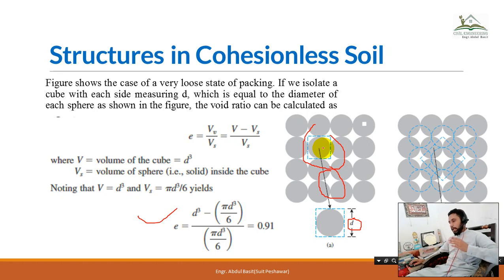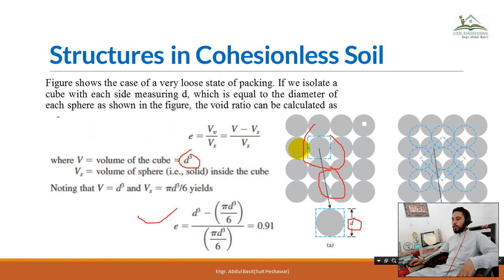It does have a height out of the plane as well. So what will be the volume of this cube? That will be the total volume. Now then subtracting the volume of this sphere. So what is the volume of the sphere? That is denoted by Vs. And the volume of the cube is denoted by d cube. Why is it so? Because it is a complete cube.